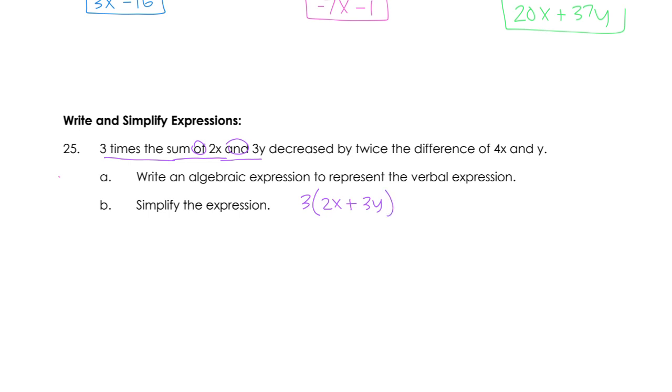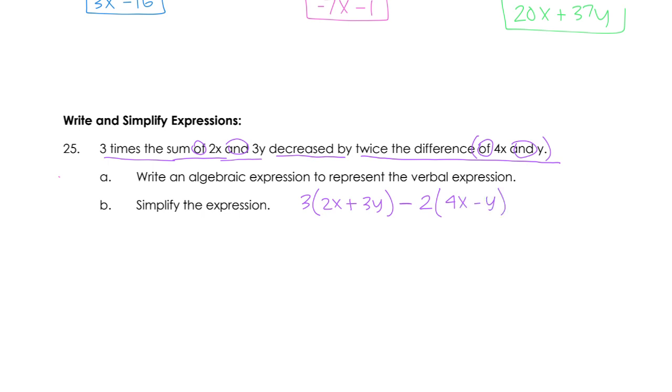Then that parenthesis ends. And then it's decreased by, so that means minus, twice the difference of 4x and y. Again, I see another of, so that means parentheses around those. So twice would mean times 2, and then difference means subtraction, so 4x minus y.